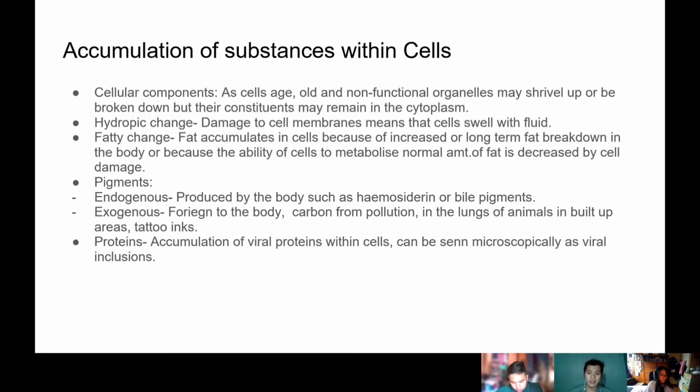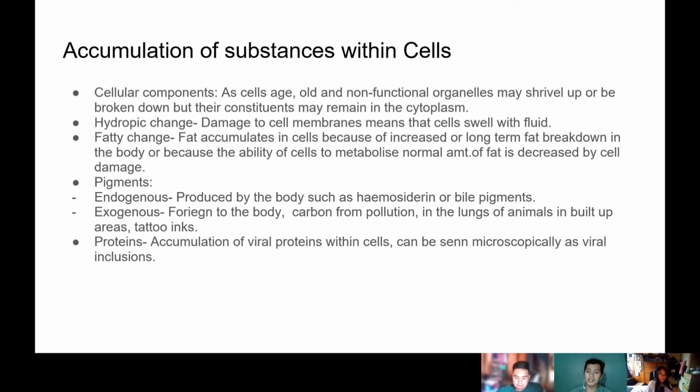Next is proteins. Viruses have to use cells of living creatures to manufacture protein, as they do not have the capacity to do so for themselves. Without using cells this way, viruses would not be able to reproduce themselves.